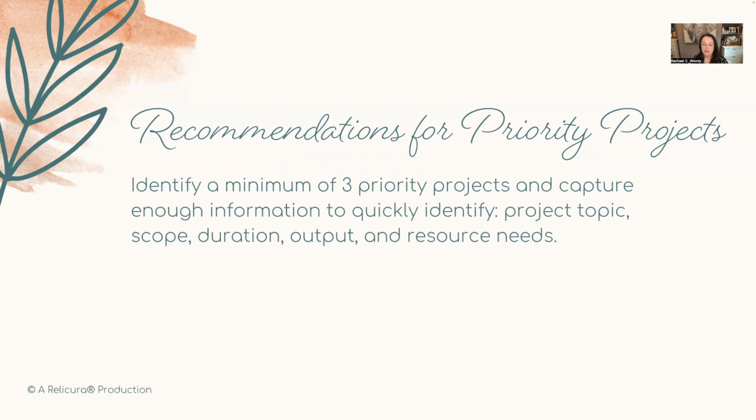And identifying 3, could be a couple more if you want it to, but 3 priority projects, and helping to capture in the plan enough information that will identify what the project topic is, what the scope is, the duration, the output, and what resources you need in order to execute that project.